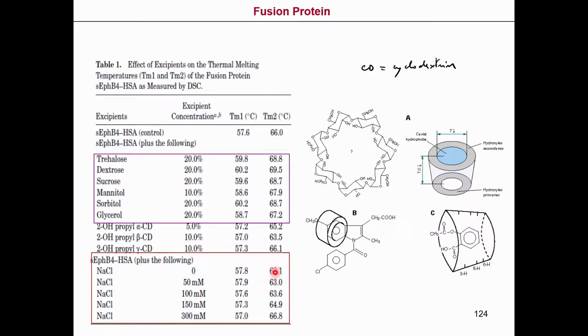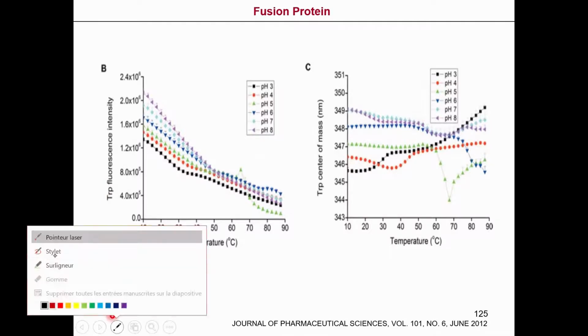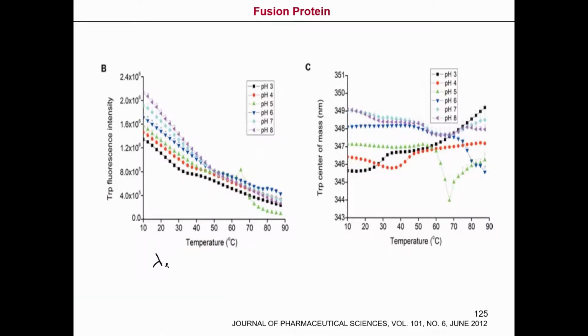the albumin part. Okay. So here you have the tryptophan fluorescence intensity of the fusion protein at different pH. When we say tryptophan fluorescence, it means we excite at which wavelength? What is the excitation wavelength? 280.